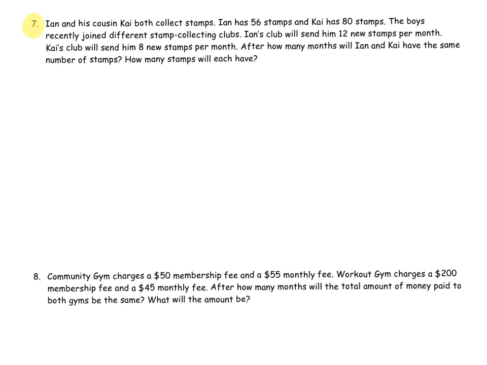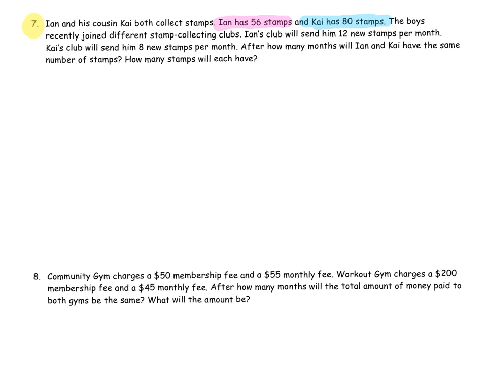Ian and his cousin Kai like to collect stamps. Ian has 56 stamps and Kai has 80 stamps. Let's do Ian in pink and Kai in blue. The boys recently joined different stamp collecting clubs.